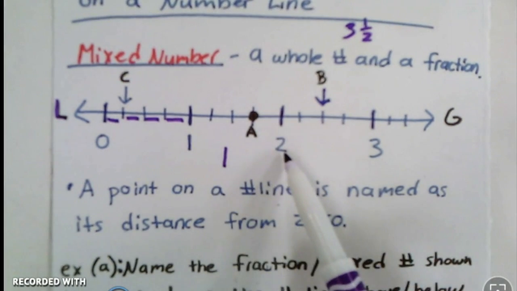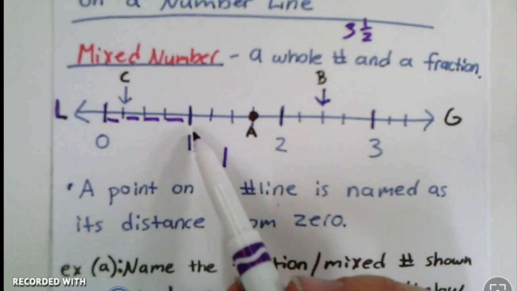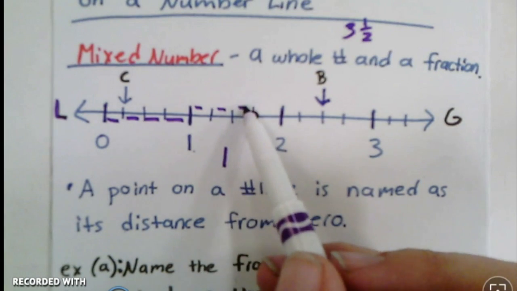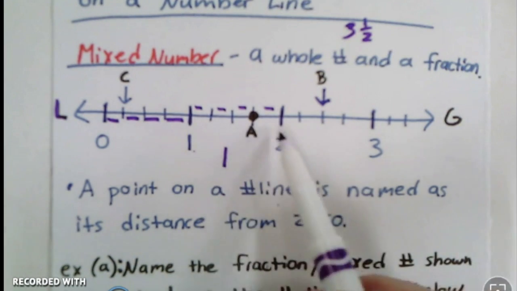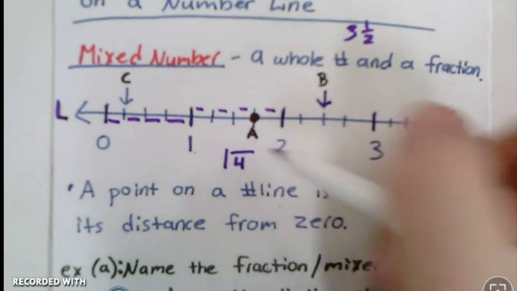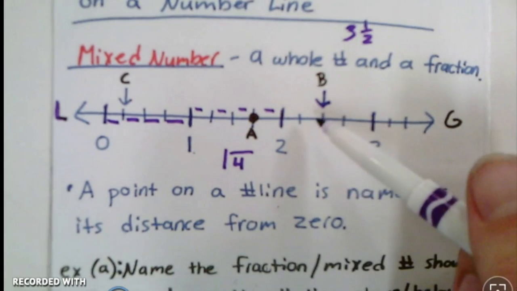It doesn't get all the way to 2, but it is more than 1, so I can't just say that it's 1. So we already figured out that there's 1, 2, 3, 4 parts that this whole is broken into. So I know that that is going to be my denominator. And now I need to figure out what my numerator is going to be.